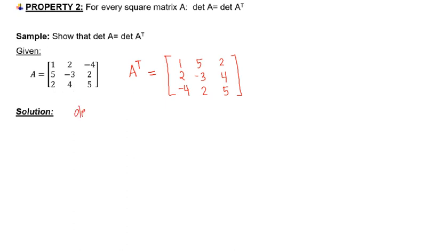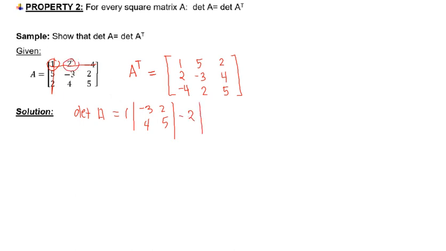So let's start. So we need to solve for the determinant of A. So let's take row 1 as our coefficient. So if we take 1, we have to eliminate row 1, column 1. What's left over? yung negative 3, 4, 2, 5. So we have 1 times negative 3, 4, 2, 5. Next is minus 2.